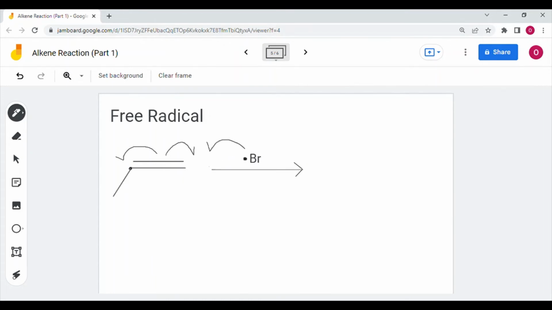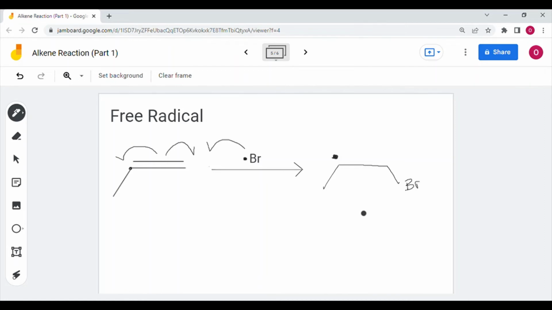So when that happens, we end up creating a molecule that looks like this. Keep in mind there is a free radical here. And as you can kind of see, this is very different from the first reaction in the sense that the bromine is now added on the less substituted side so that the free radical can be on the more stable carbon, very similar to the first reaction.